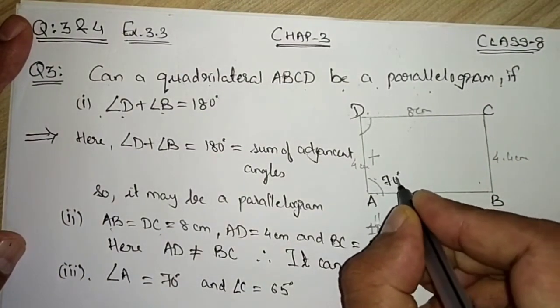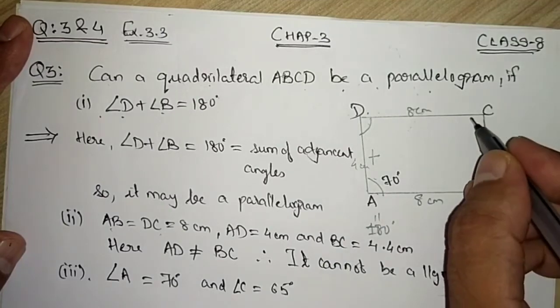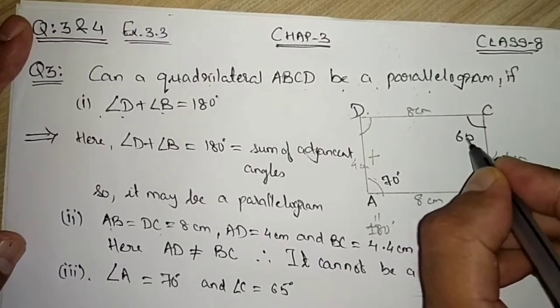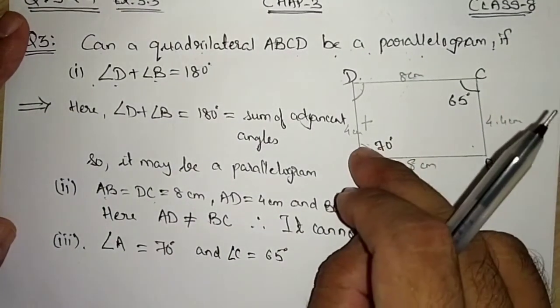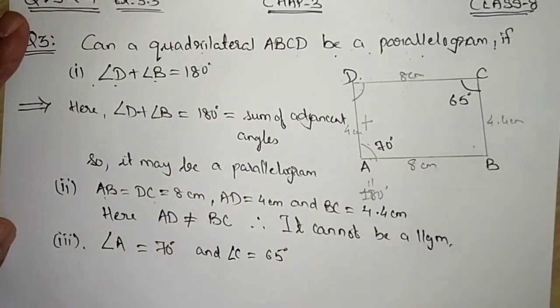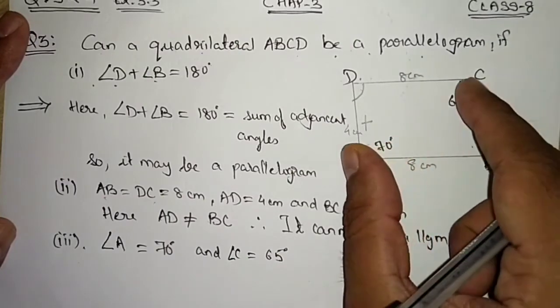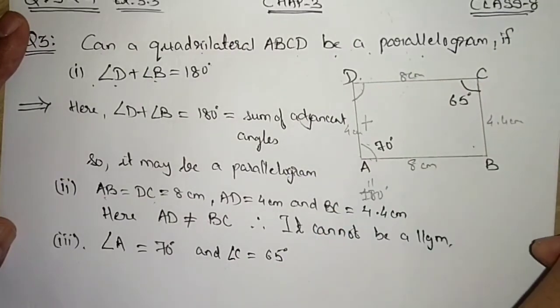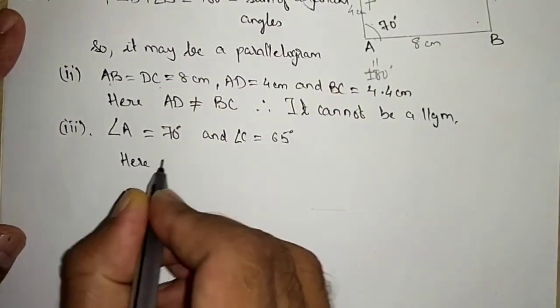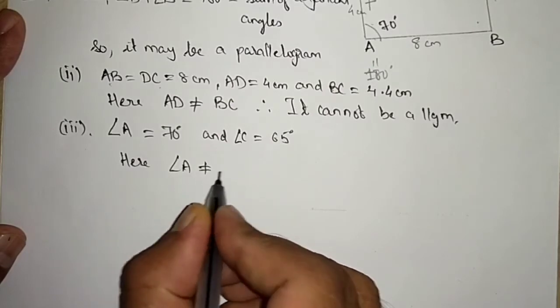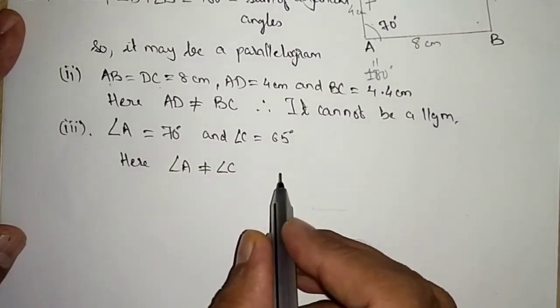They told us that it is 70 degrees and angle C is 65 degrees, and you know very well that angle A should be equal to angle C for a quadrilateral to be a parallelogram. Opposite angles must be equal. So we will say here angle A is not equal to angle C.